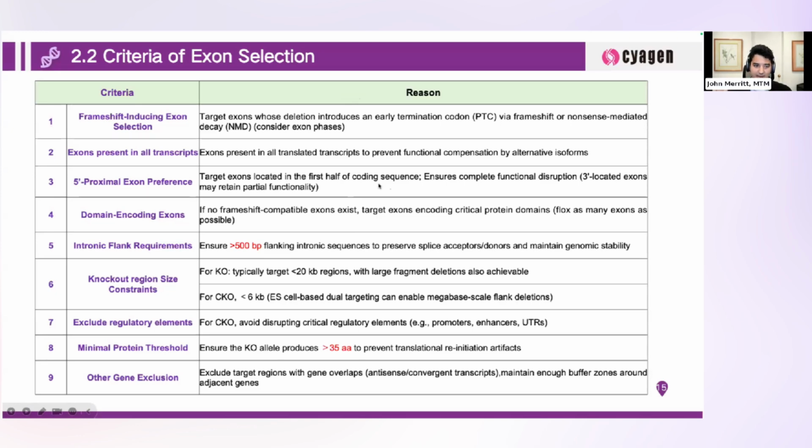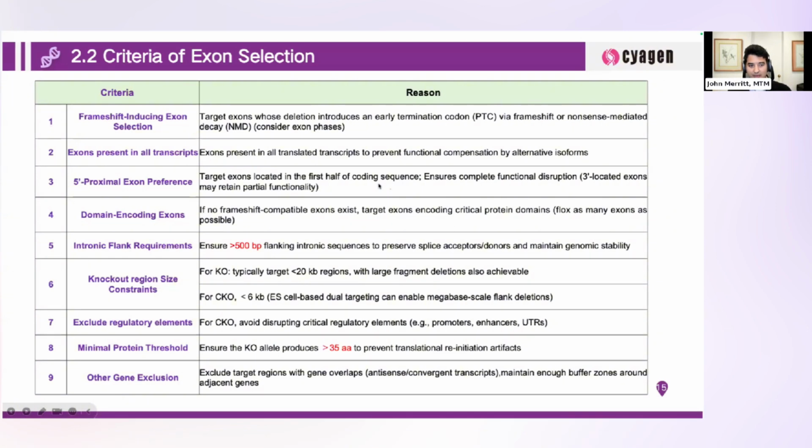And then after that, we check to see if that exon that we picked is present in all transcripts possible, all of the isoforms, to prevent any other isoform coming in and functionally replacing and rescuing the knockout, right?